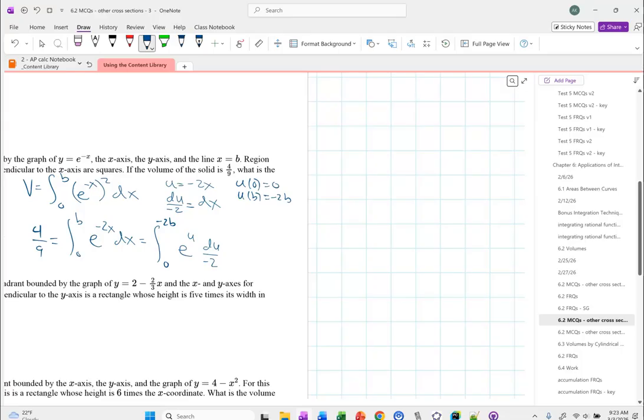Okay. My antiderivative is just e to the u over negative 2. So far, so good. So that's going to be e to the negative 2 over negative 2 minus e to the 0 over negative 2.